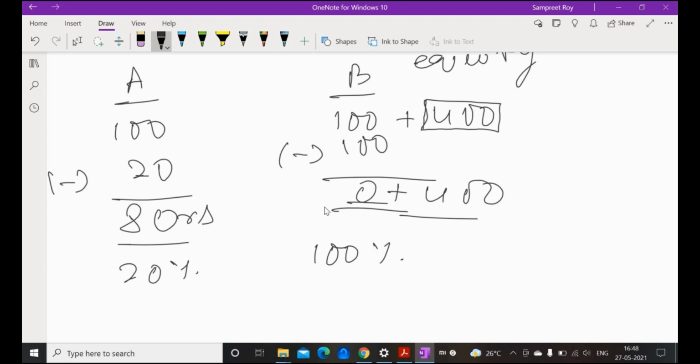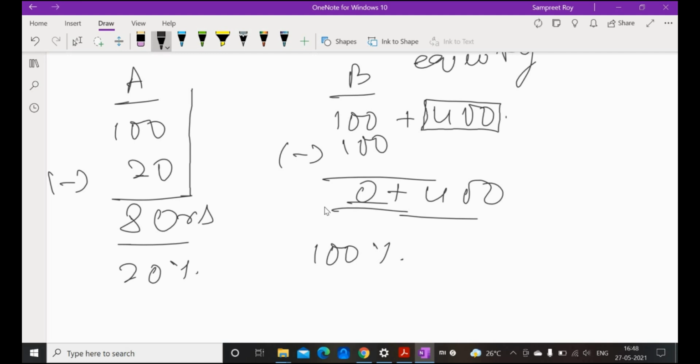In the first case, since we have no debt, the entire loss goes from our pocket. But in this case, my own loss goes from my pocket, as well as loss arising out of this amount 400 also goes from my pocket only, right?